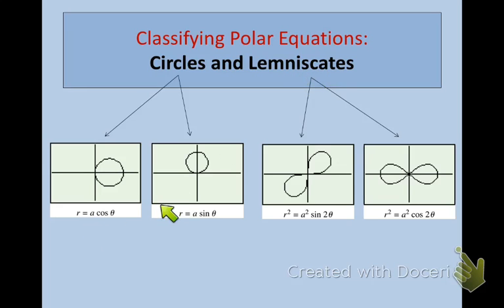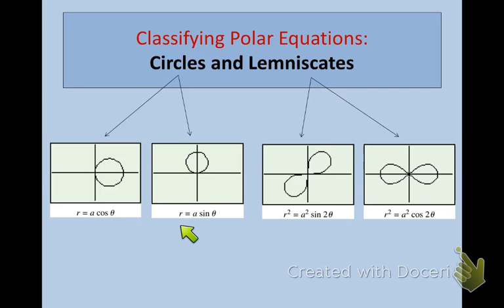For a circle, the equation is always going to equal a radius, not squared, equal to some scalar times the cosine or the sine of a regular old angle theta. Where that circle is going to be depends on positives and negatives and cosines and sines.